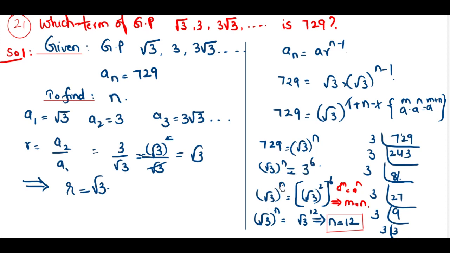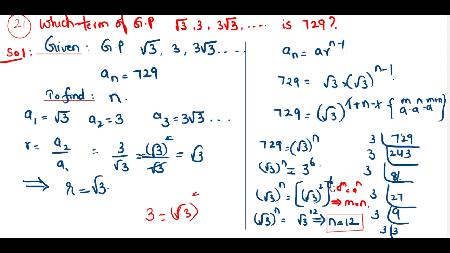So root 3 whole to the power of n is equal to 3 to the power of 6. See, this 3 can be written as root 3 whole square. Why? Because this square and square root will get cancelled, again you will get 3. So instead of writing this 3, we are writing it as root 3 whole square whole to the power of 6.